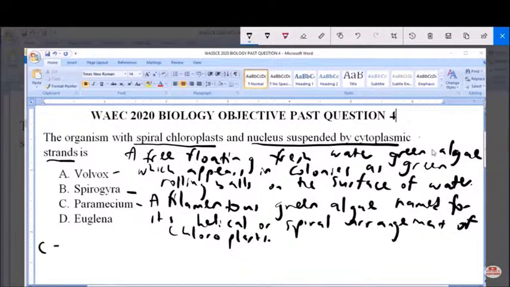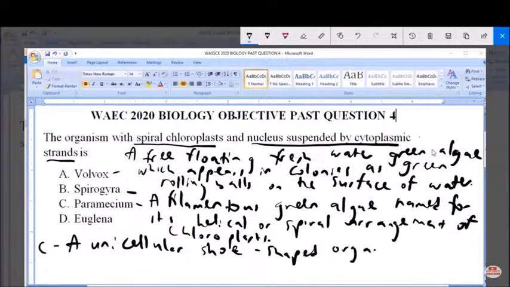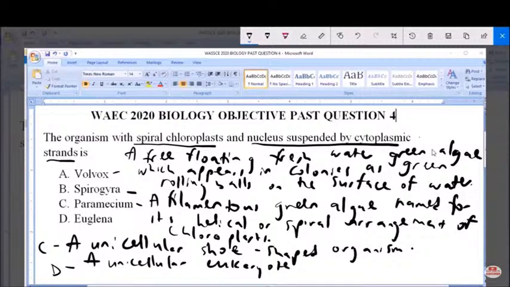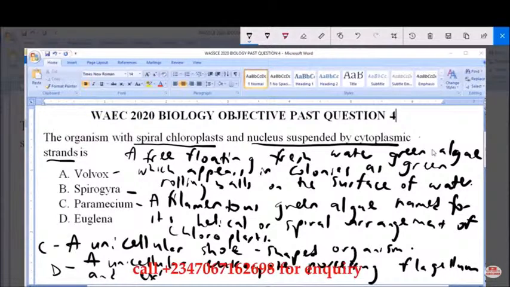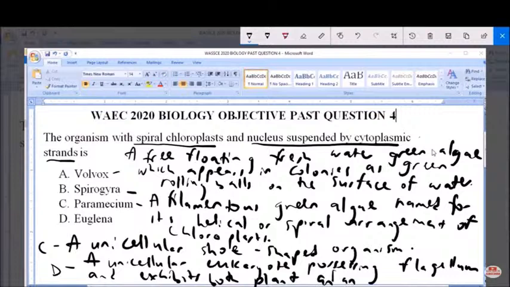Option C, which is the Paramecium, is a unicellular shoe-shaped organism. And then the Euglena is a unicellular eukaryote possessing a flagellum and exhibits both plant and animal characteristics.